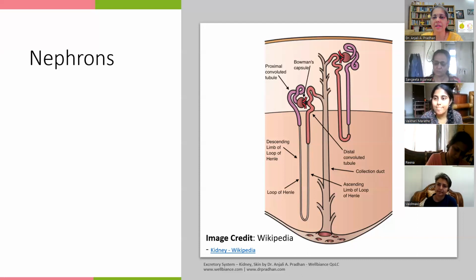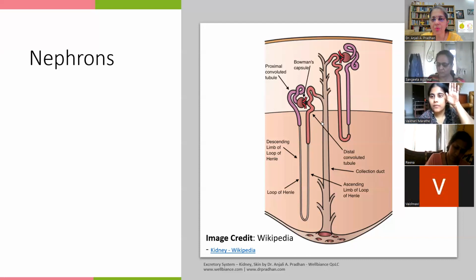And again, the distal convoluted tubule and collecting tubule are present in the cortex. This collecting tubule passes through the medulla and then opens into the renal pelvis and then continues as ureter.